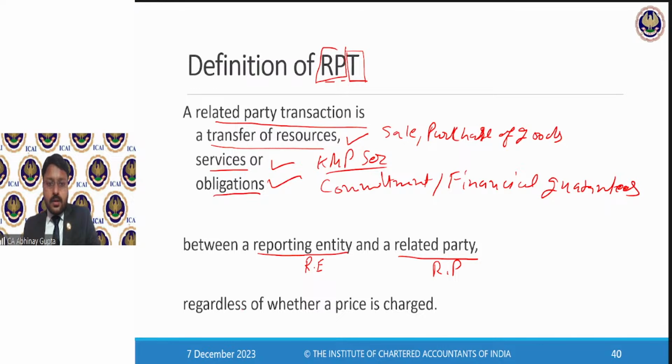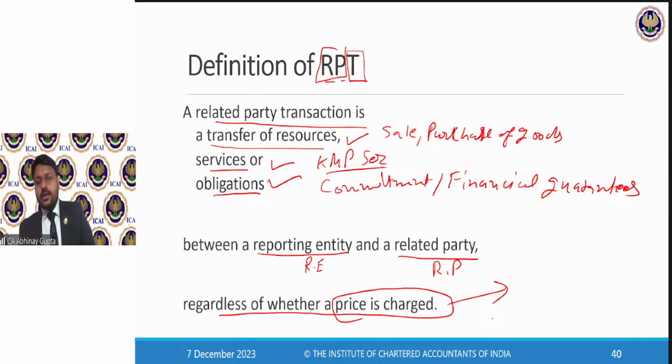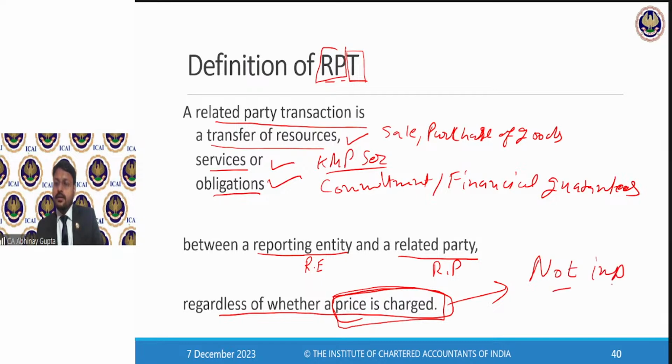Regardless of whether a price is charged or not. So if the holding company and subsidiary company are not charging any price or charging any nominal price for any of the transactions, it does not impact our disclosure, right? So whether the price is actually charged by these reporting entities to the related parties or not, that is not important, right?